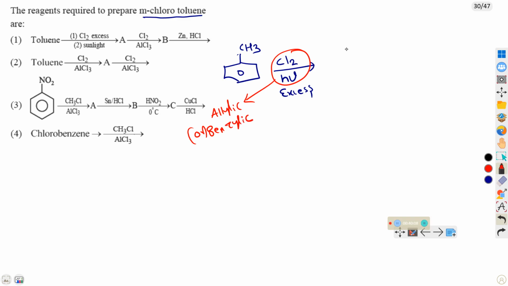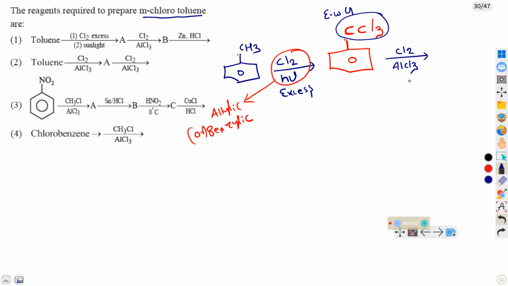Then it gives C6H5CCl3: in the place of benzylic hydrogen atoms, chlorine atoms are substituted. Now CCl3 acts as an electron withdrawing group, and reacts with Cl2 in the presence of AlCl3.